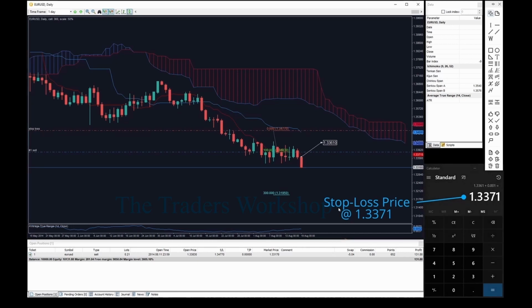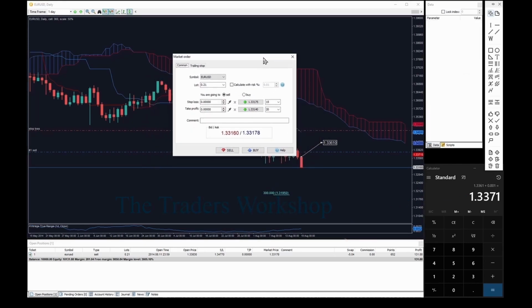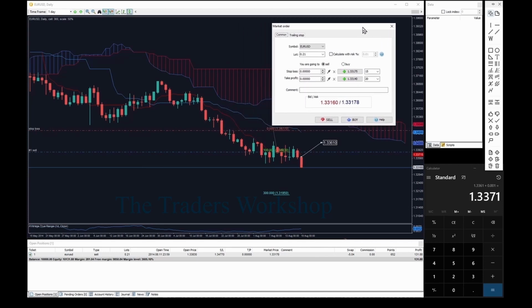Now, let's execute this order. Remember that all the trades in this strategy are market orders, and not pending orders. Press F2 to call the order pop-up window. Make sure to check this Calculate with Risk Percent checkbox. We will risk 3% on this trade.